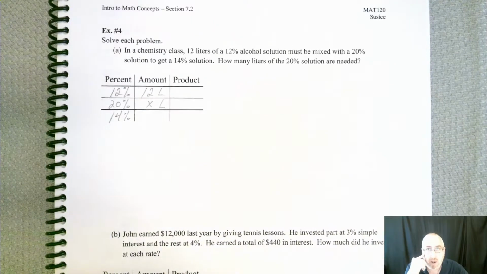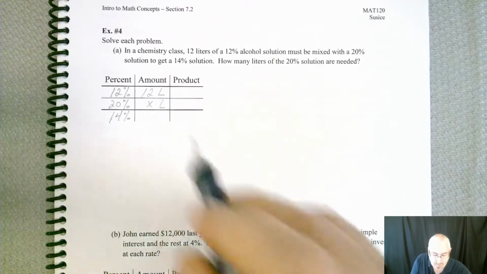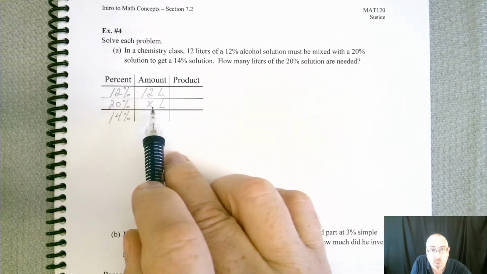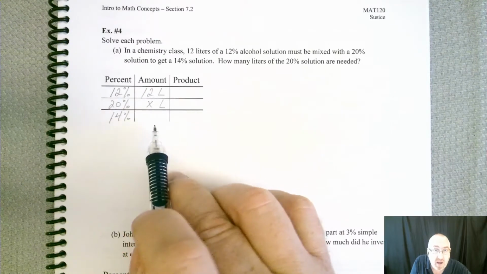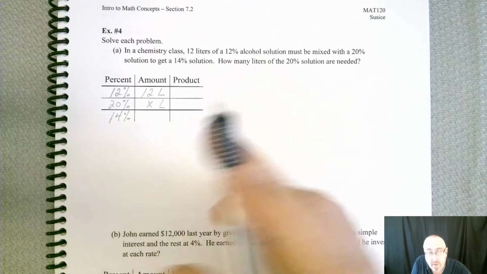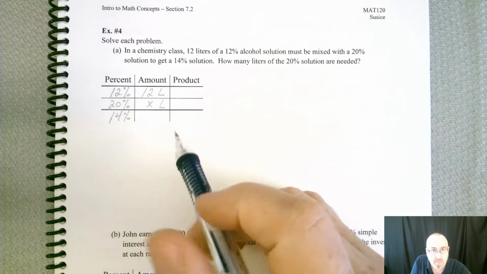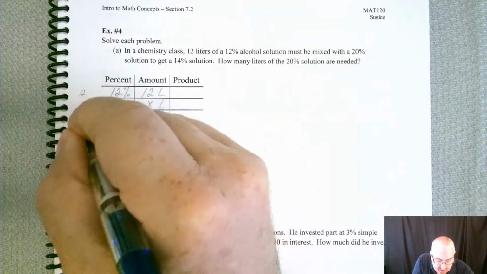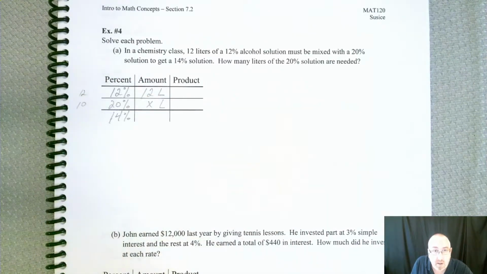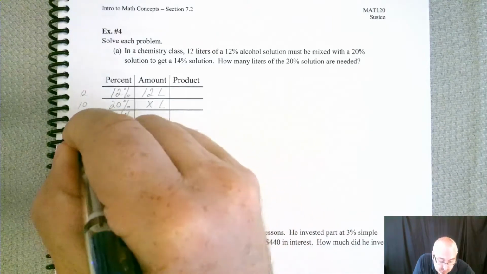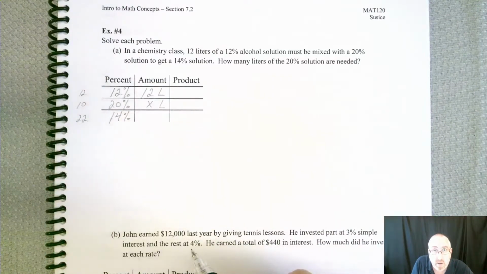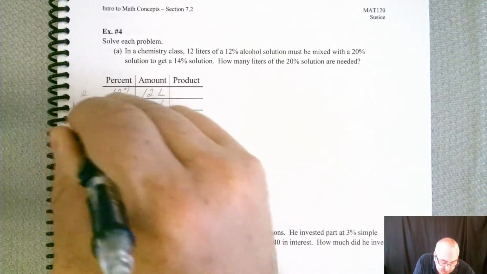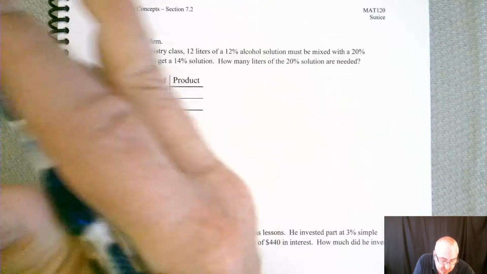So here's where we're going to put on our thinking caps. If I got 12 liters of stuff and I'm mixing it with an unknown amount of stuff, how much stuff do I end up with? Well, let's use an example. If I have 12 liters of stuff here and I added 10 liters of stuff to it, well, I better have 22 liters, right? So no matter what I pick for the second quantity, I always have to add 12 to it.